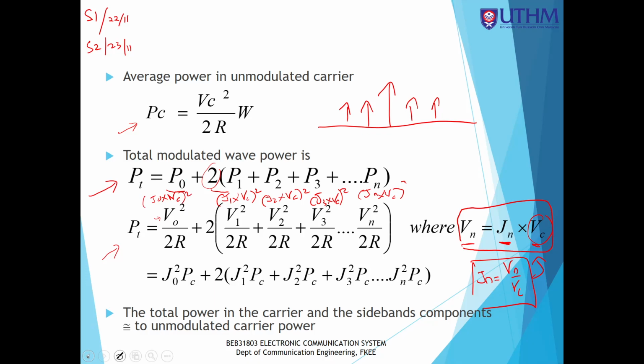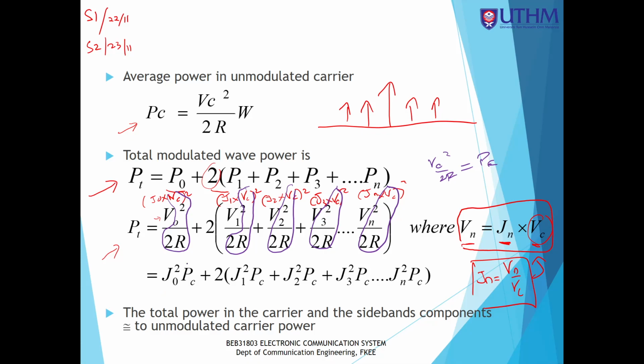So if you see from here, for example, here is Vc square over 2R. We have another one, Vc square over 2R, another one here, Vc square over 2R, which is the carrier power actually. Vc square over 2R is actually equal to carrier power.